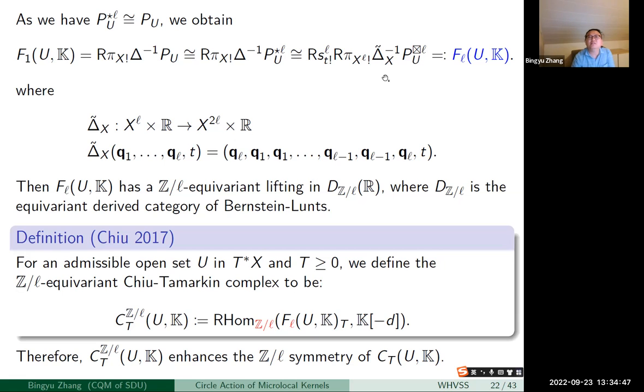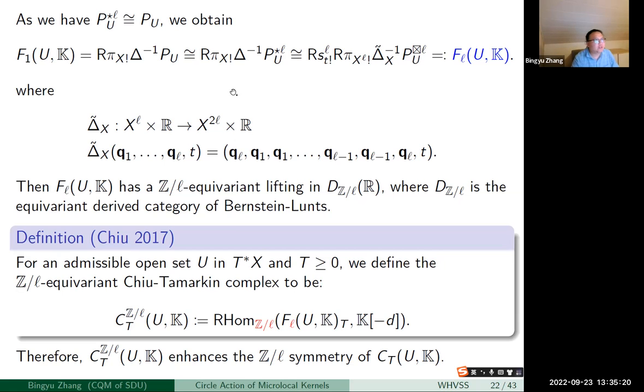Okay, and now I can explain the Z mod L symmetry. Algebraically, it means that we just take a cyclic permutation of the kernel. Geometrically, if we take one given Reeb chord, then we consider the gamma-fold covering.